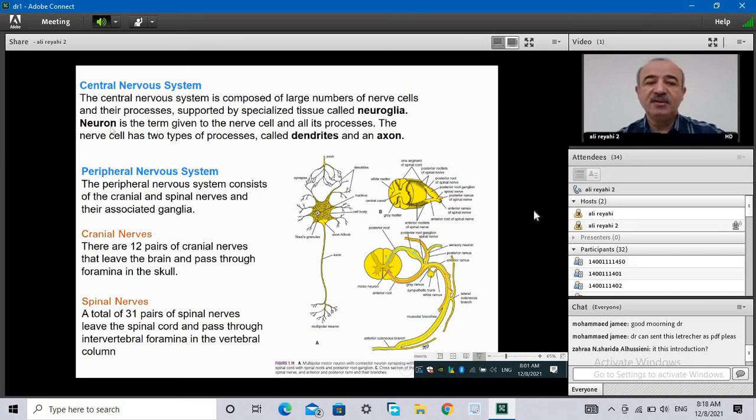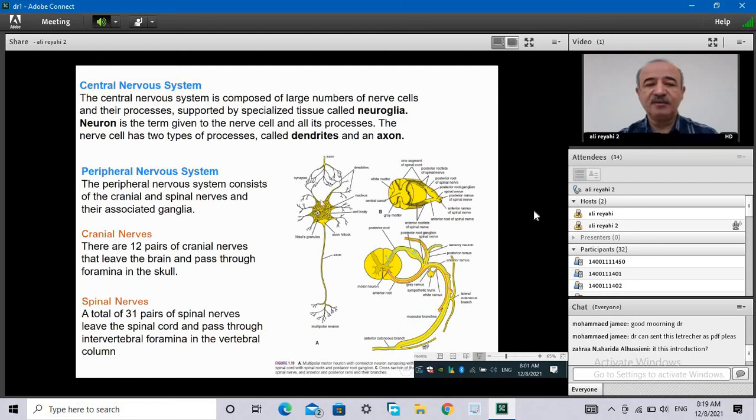The main cell within the central nervous system is called the neuron, supported by specialized cells called neuroglia, like astrocytes and other neuroglia cells.